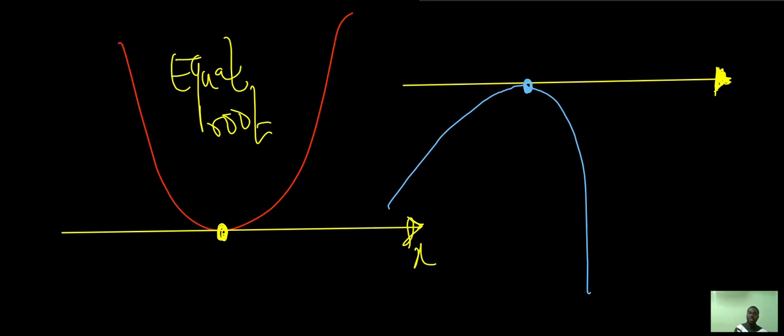Most importantly, touching the x-axis, because the root of a quadratic is the point where the curve touches the x-axis. So it only touches it at one point. That's the equal root.